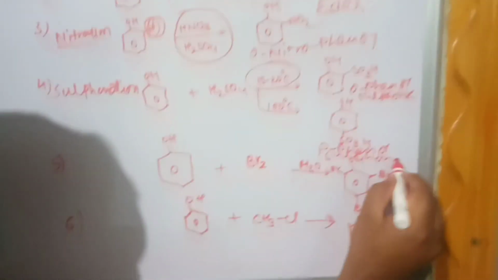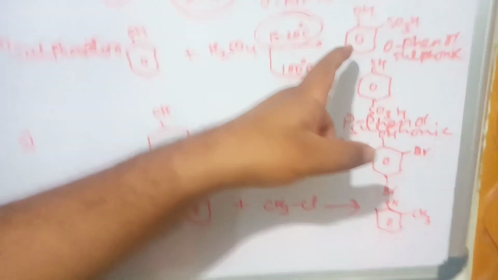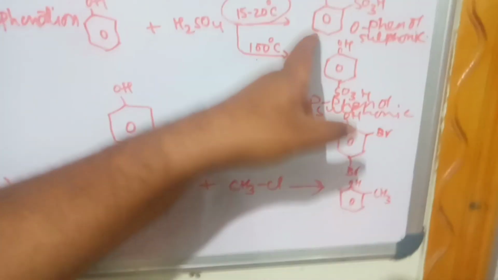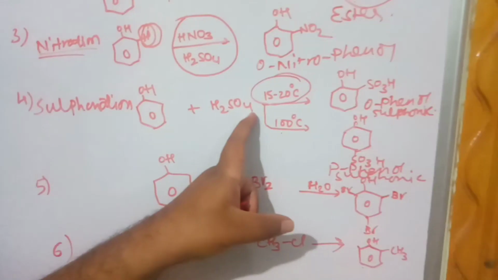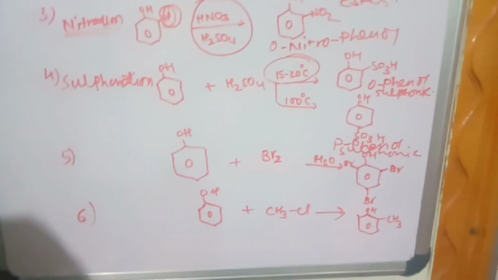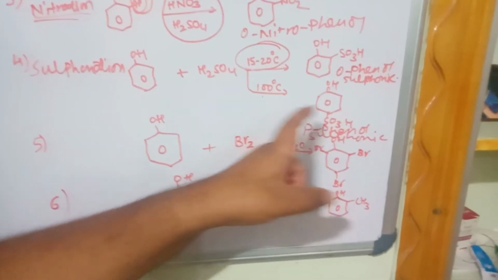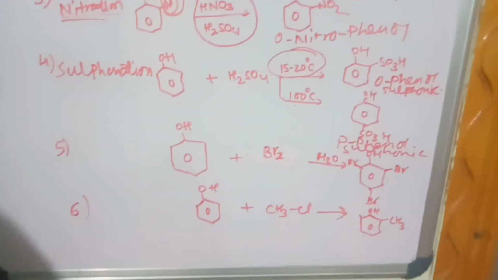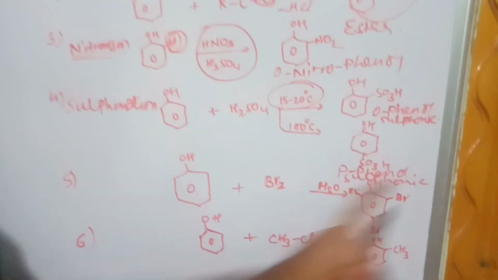This is at high temperature. So whether you want orthophenol sulfonic acid or paraphenol sulfonic acid depends upon the temperature you maintain. At lower temperature, you get orthophenol sulfonic acid. At high temperature like 100 degrees centigrade, the reaction gives paraphenol sulfonic acid.